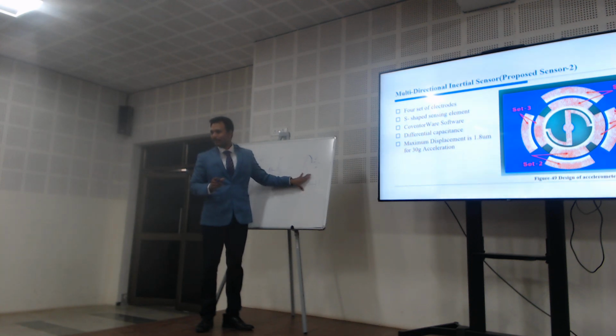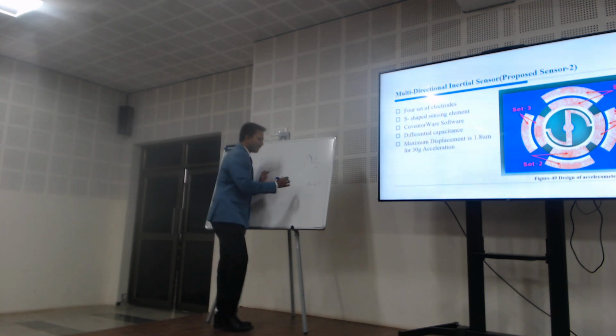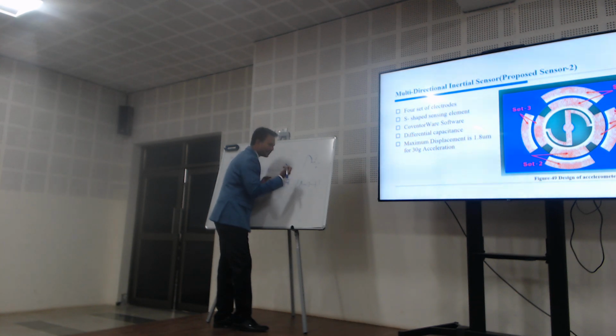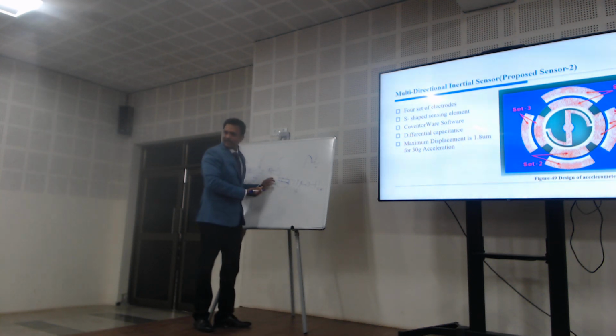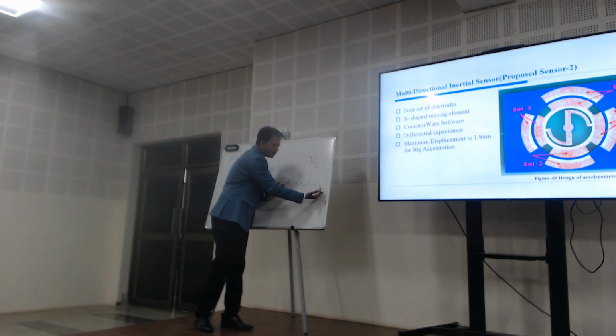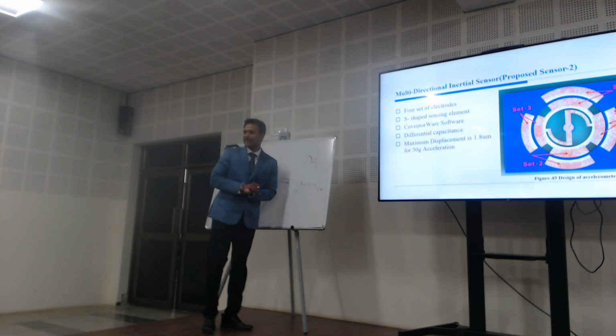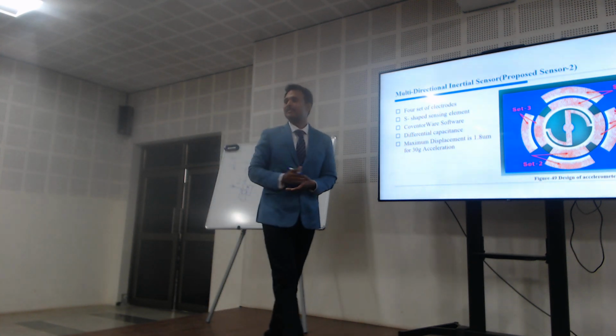Whenever force is applied, I can measure the change of capacitance. Differential capacitance means I keep two in parallel like that. For example, when motion is happening, here capacitance increases, here capacitance decreases. The difference between these two capacitances I will consider. Then I will get a good sensitivity value.